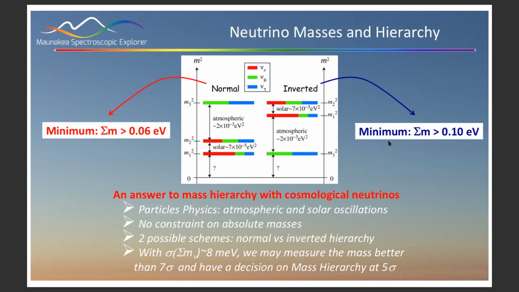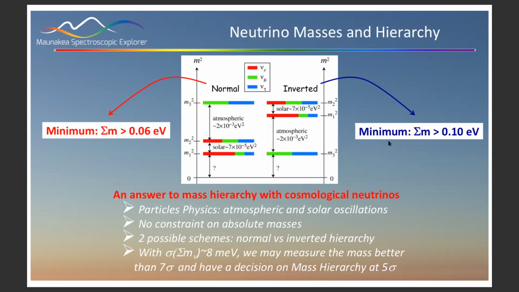And we can obtain this with cosmology. And we know basically that we have two possibilities, two different hierarchies, the normal hierarchy and the inverted hierarchy. What we measure with particle physics is the difference between the different mass eigenstates. And so this means that we have these two possibilities.